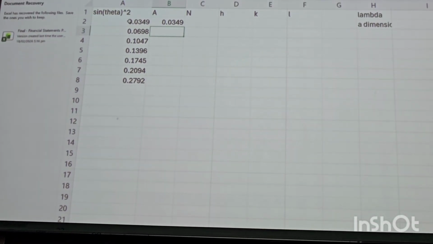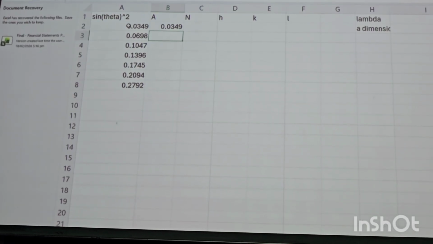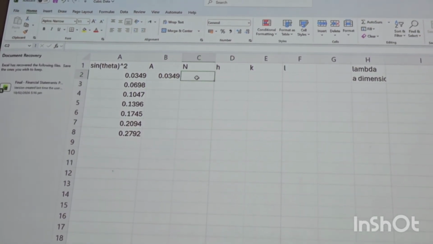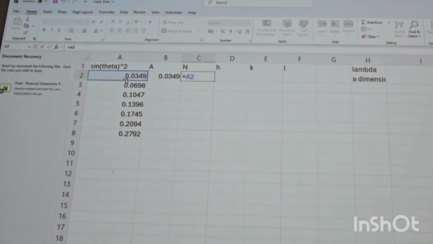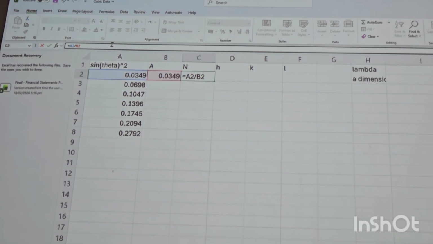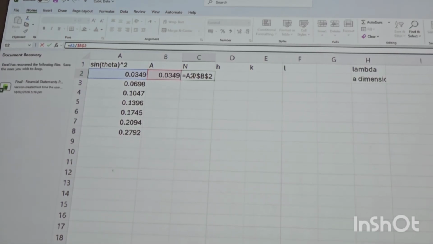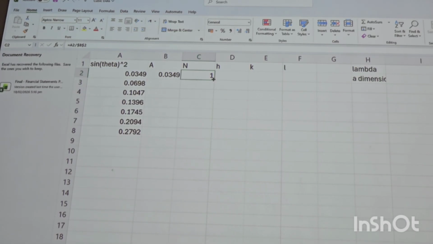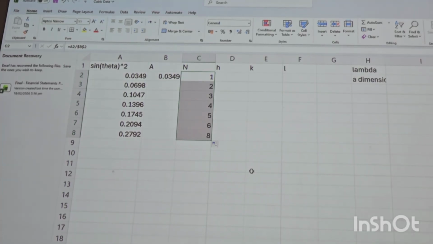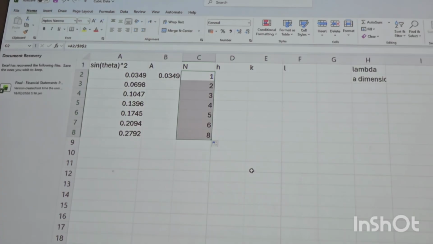This is my candidate A. Just to give you a simple example, this is my candidate A, and then I take this sine square theta and divide by this A, and repeat this for all the sine square theta. Luckily, bingo, I get integers for n.